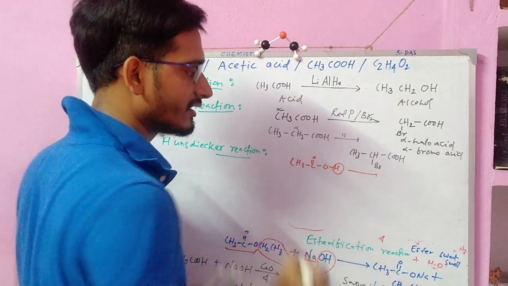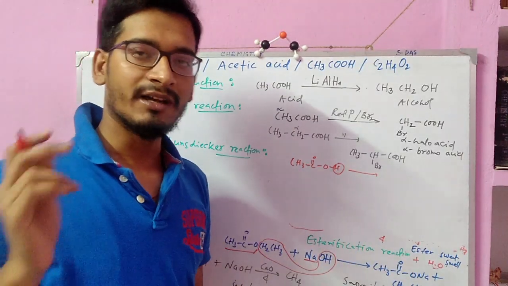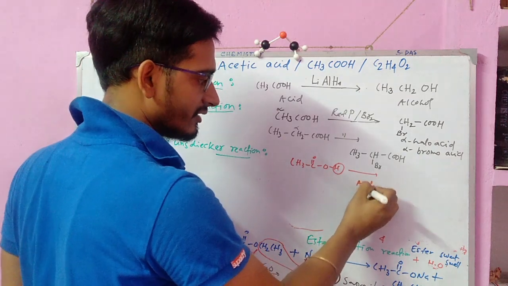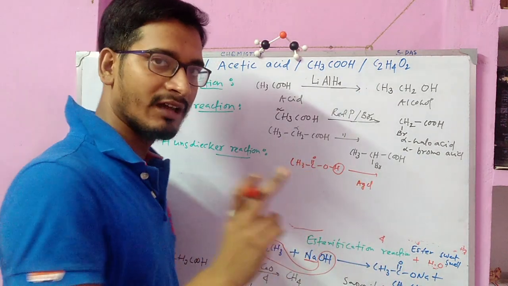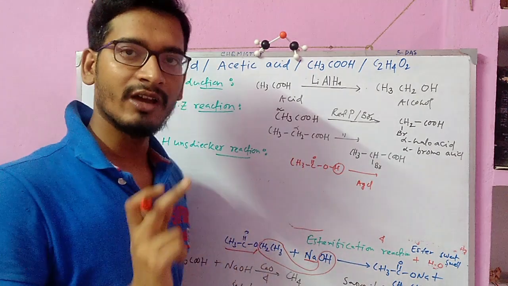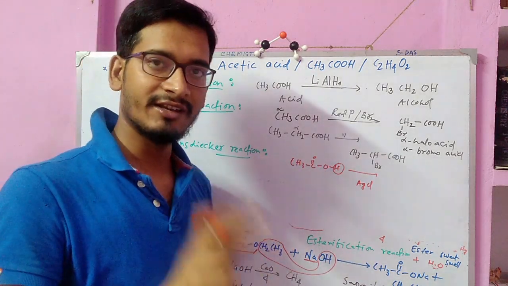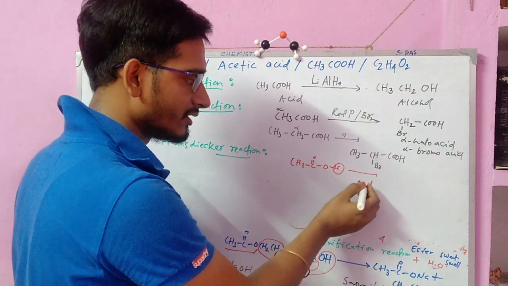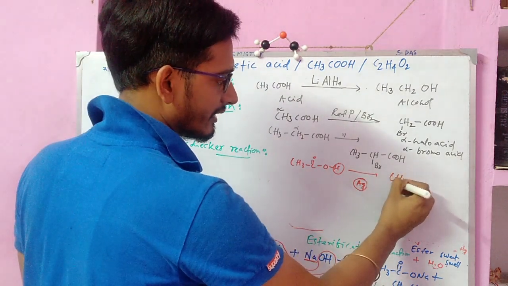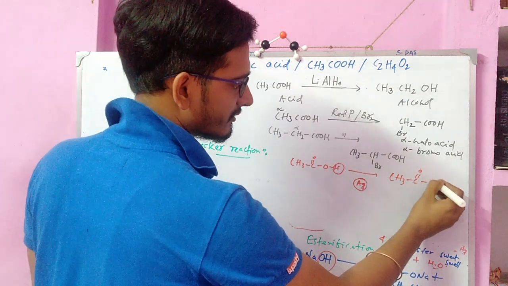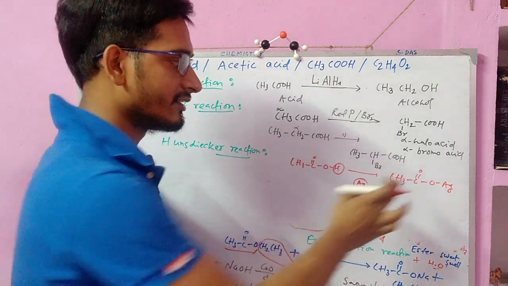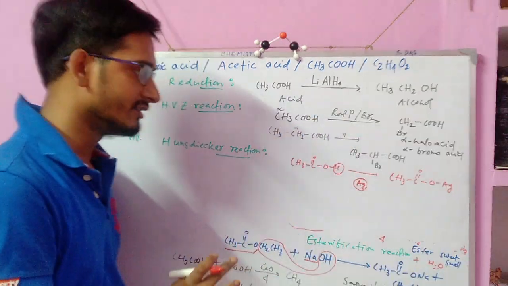When this hydrogen atom is replaced by a silver atom, you know silver chloride, silver has a +1 oxidation state, and hydrogen is also H plus and Ag plus. When this hydrogen atom is replaced by this silver atom, then we'll get the silver salt of acetic acid.